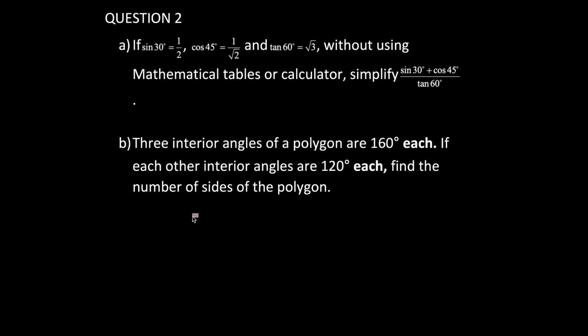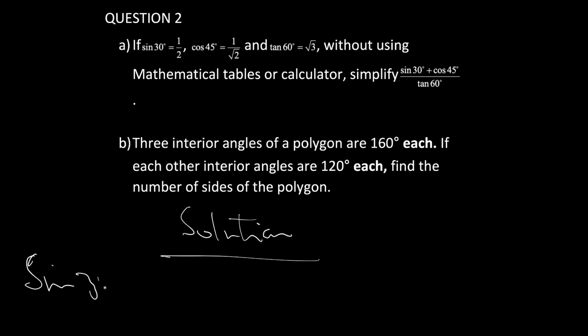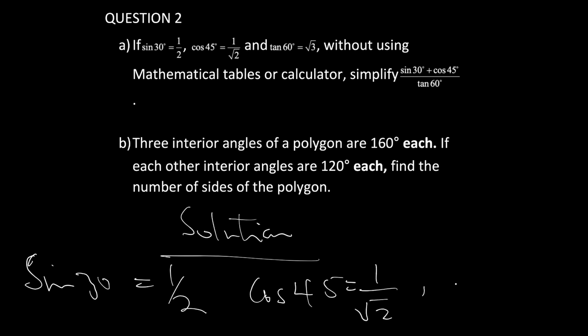So we begin with our solution. We have our sine 30 to be equal to 1 over 2, cos 45 to be equal to 1 over the square root of 2, and tan 60 to be equal to the square root of 3.